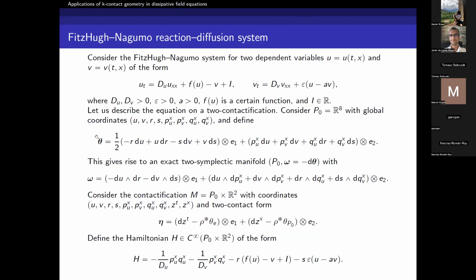We are constructing the differential form in the usual way. We are finding the k-symplectic 2-form, the k-contact, and then we can guess the Hamiltonian. And that's all. Thank you.